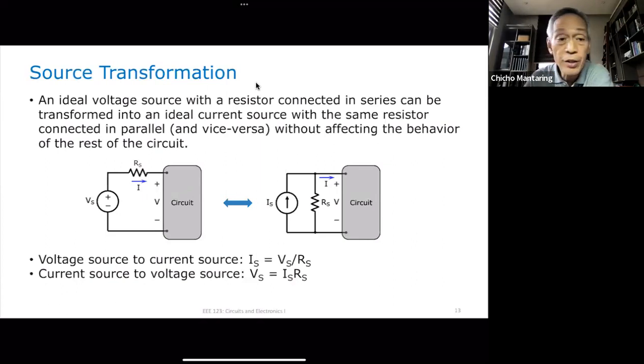Let's consider the circuit on the left, no? Let me compute for V. If I compute for V on the circuit on the left, I'm going to get V is equal to VS minus I times RS. This voltage is this voltage minus the voltage drop across this resistor. The voltage drop across this resistor is the current I multiplied by the resistance.